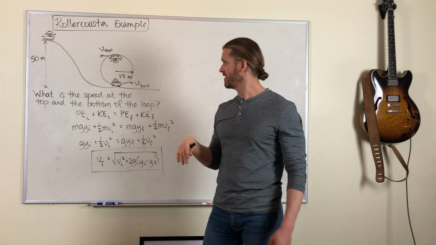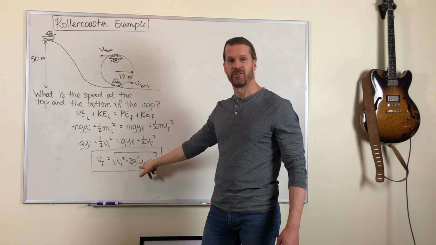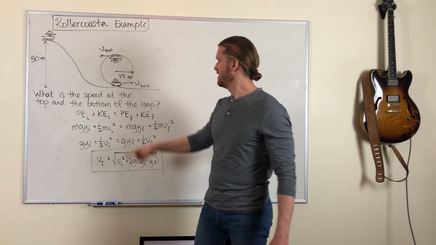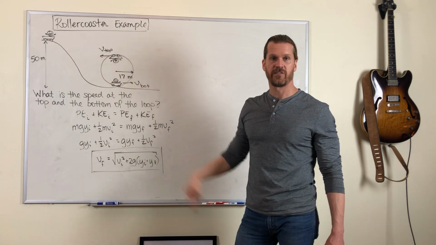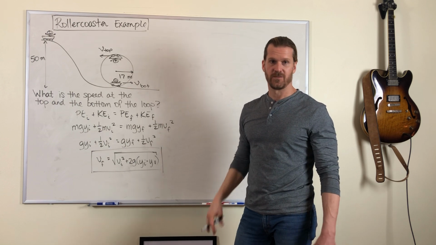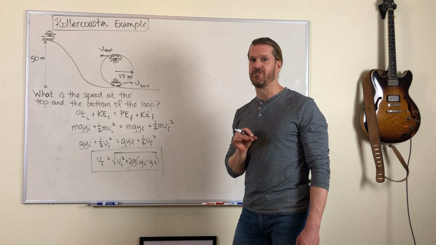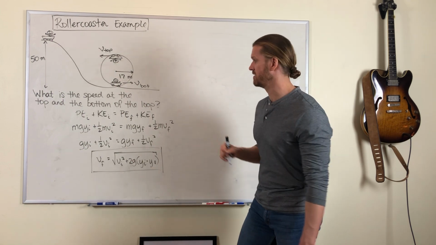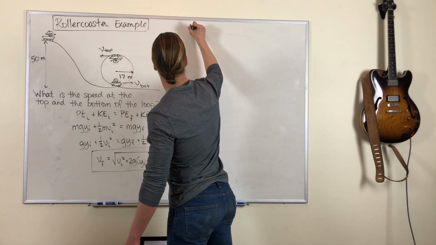All that matters is the height you started from at the top of the hill and whatever height you ended at. And all these details about the crazy curved path you take are irrelevant because this conservative force is path independent.